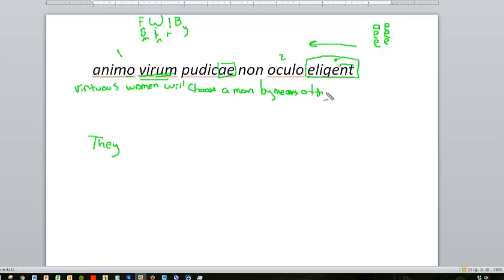I should have used with the mind, only because this is too wordy. Alright. So virtuous women will choose a man with the mind, or by means of the mind, not by means of the eye. There you go.